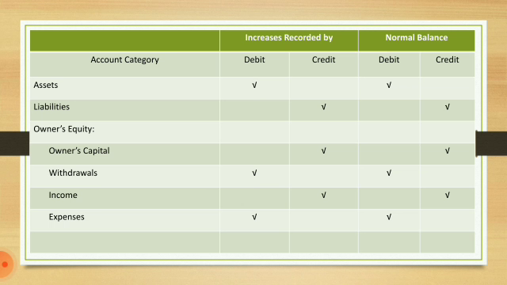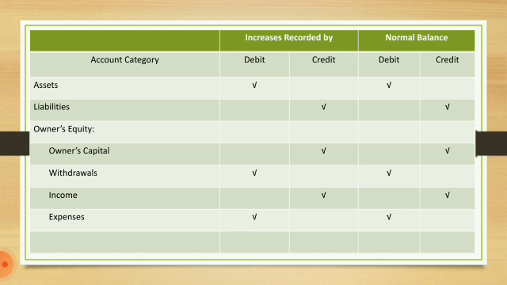Now going back, assets. What is the normal balance of an asset? It is debit, left side. Liabilities. What is the normal balance of a liability? It is credit, or right side.